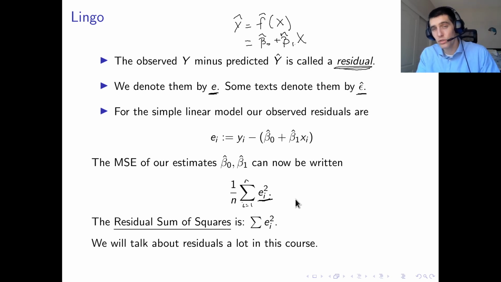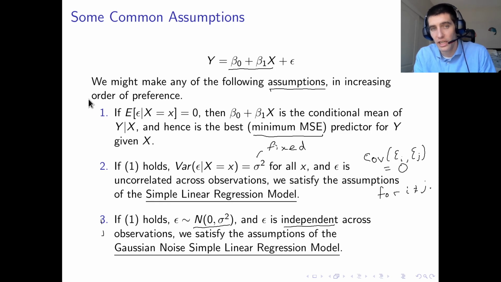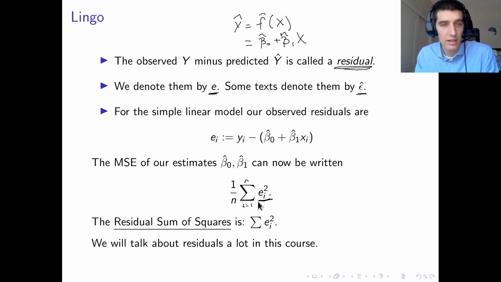We're going to talk a lot about residuals. Residuals are going to be a big clue for us. By looking at the residuals, we'll be able to see if it's reasonable to assume the assumptions on the previous slide: the mean zero, constant variance, or Gaussian noise assumptions. But we will get to that in later lectures.